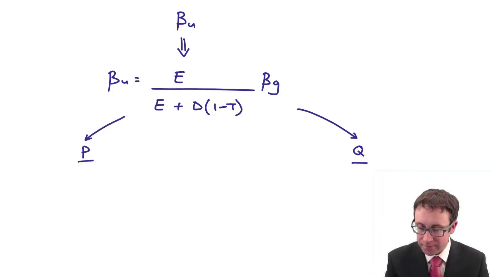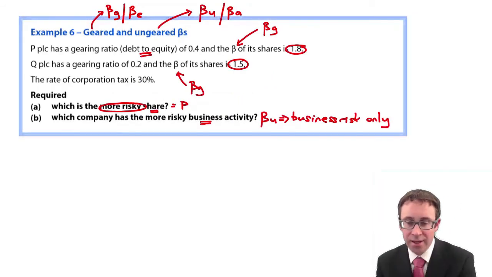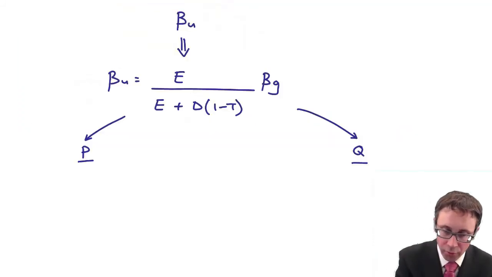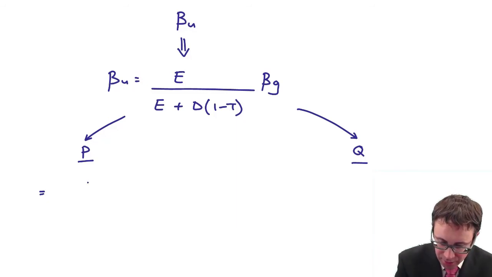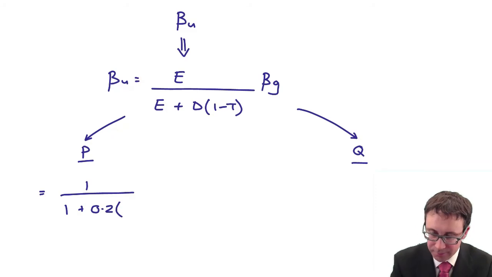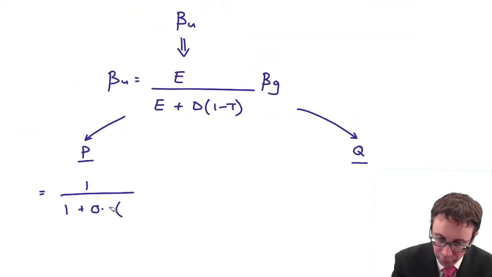So for company P, it says that beta is 1.8 and the debt to equity is 0.4. So if the equity is, say, 1, then the debt is 0.4 of that figure.